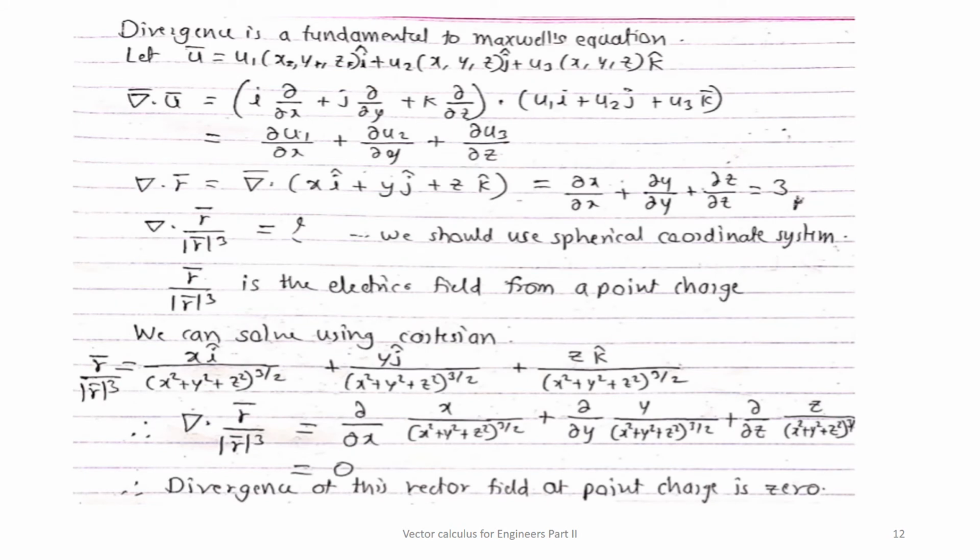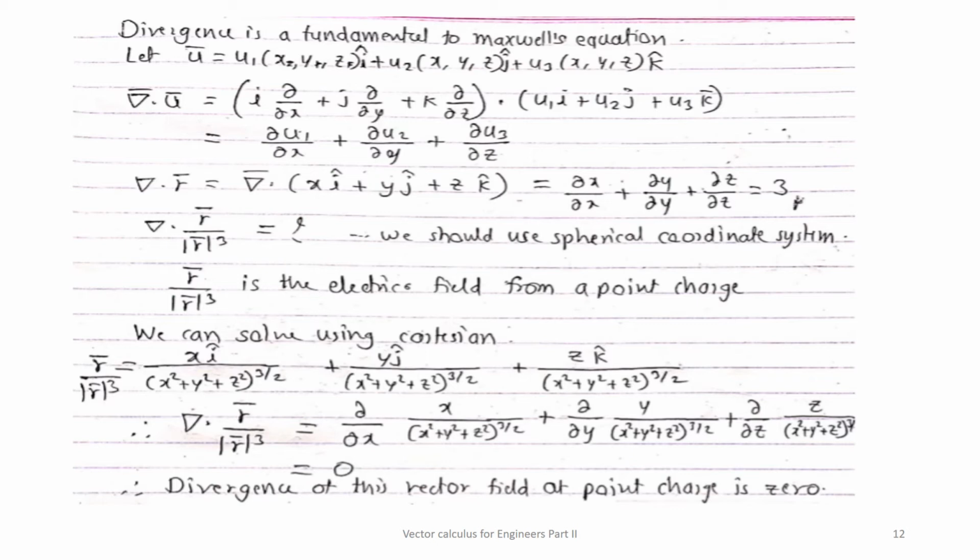So in the next few chapters we are going to study Maxwell's equations. Maxwell's equations are the fundamental equations to understand electromagnetic engineering. Let U bar be equal to U1, so it has three components, one in the i direction, second in the j direction, third in the k direction, and all are functions of x, y, z because we have considered the x, y, z axes.